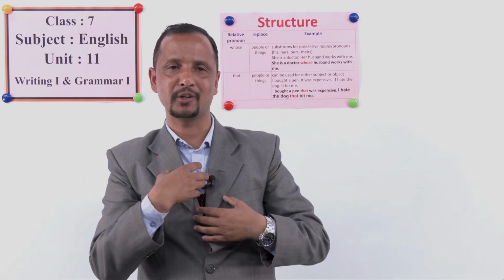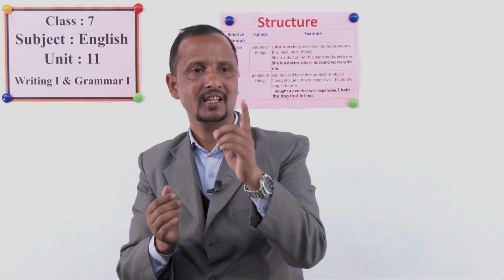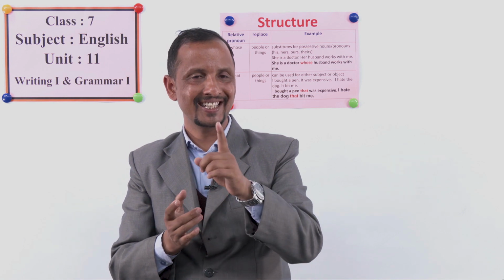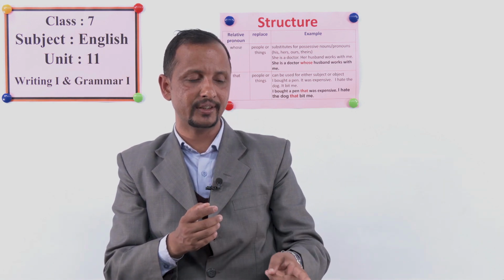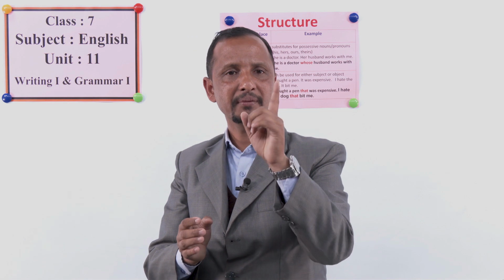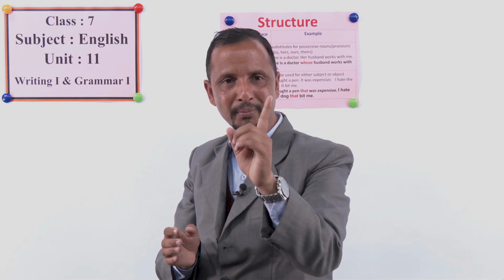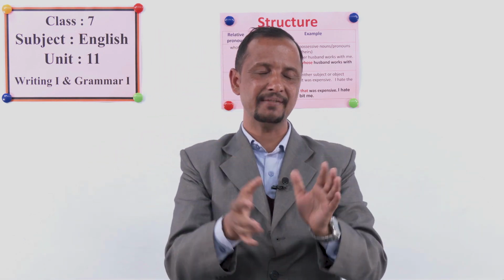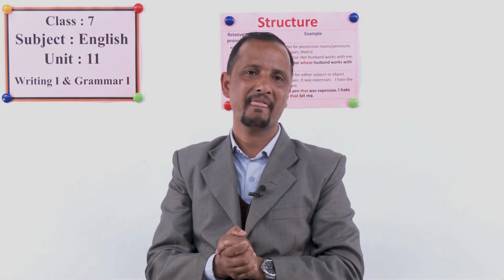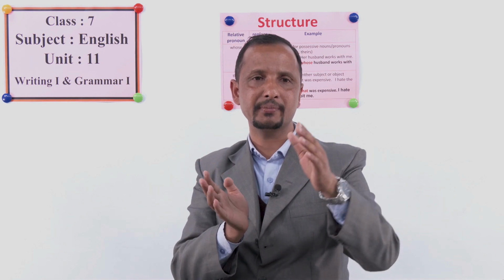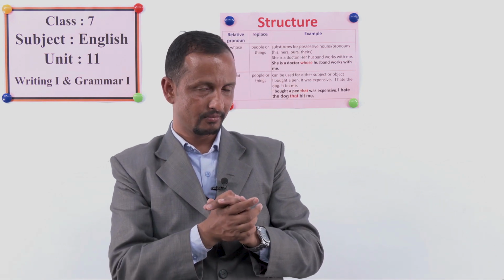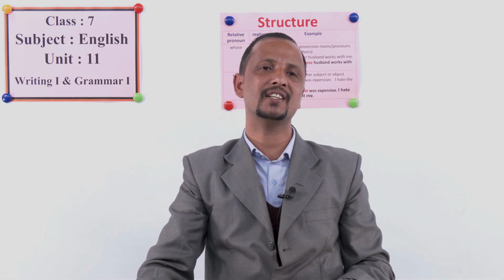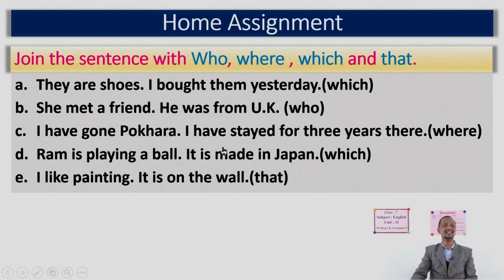So, I hope, dear students, you can write a good biography. That was given in your textbook. See over there, and writing a biography is one home assignment. And from the second part, the grammatical part, there are also two activities given in your textbook.